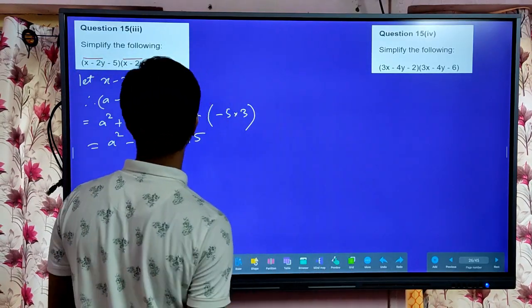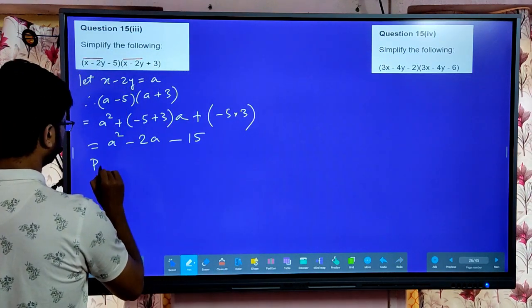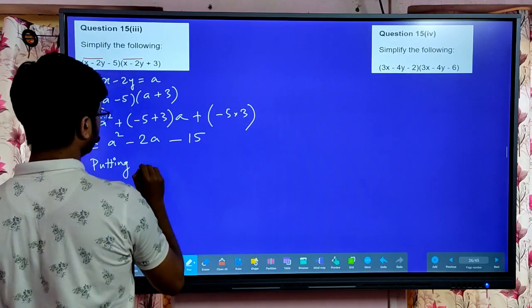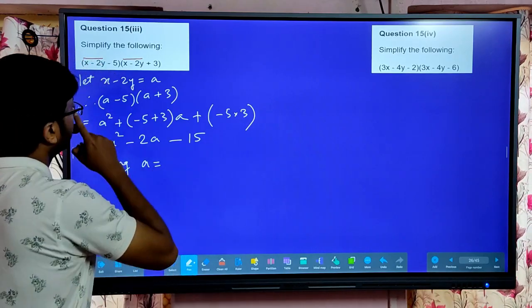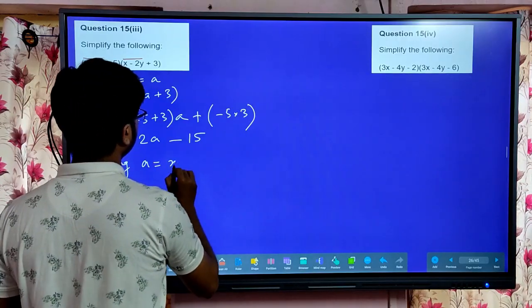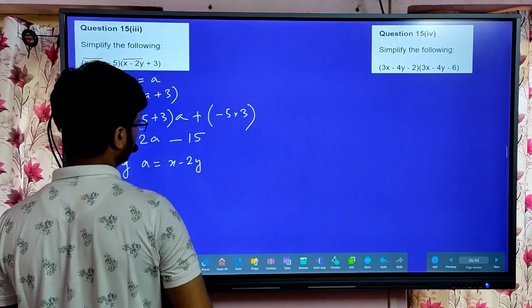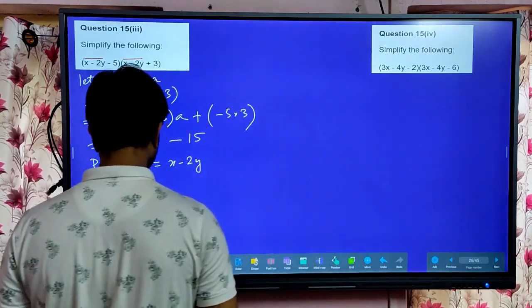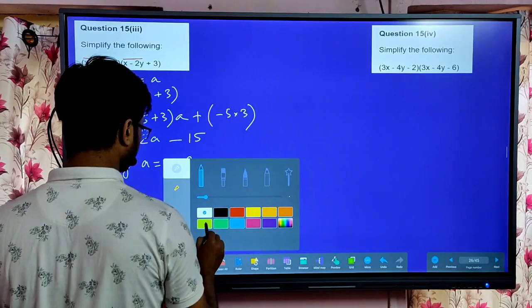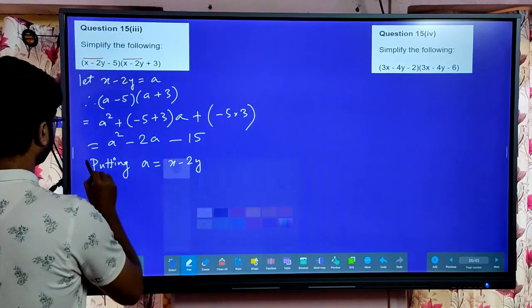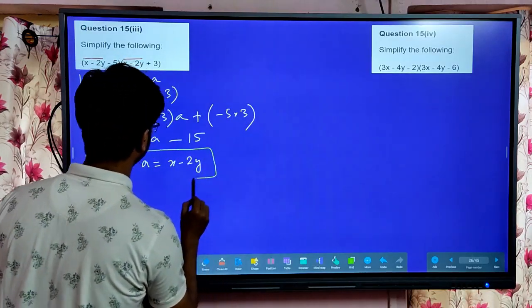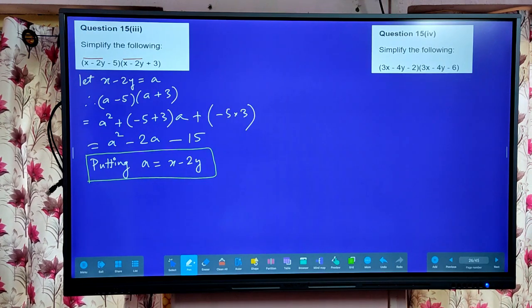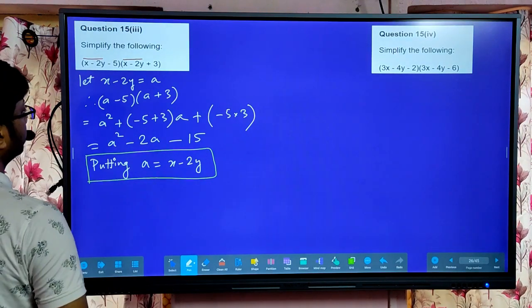Now you have to put back. Putting a equal to x minus 2y, then what will happen?